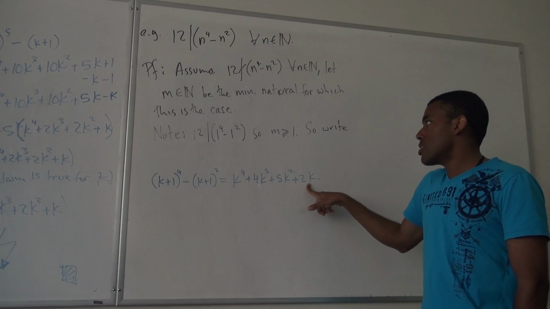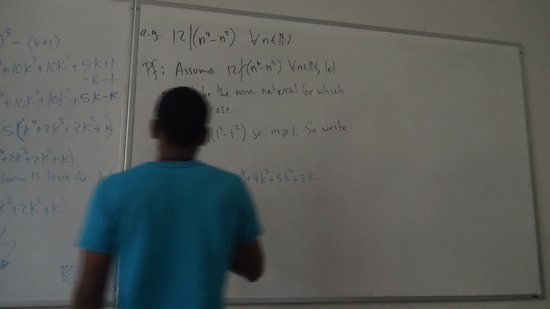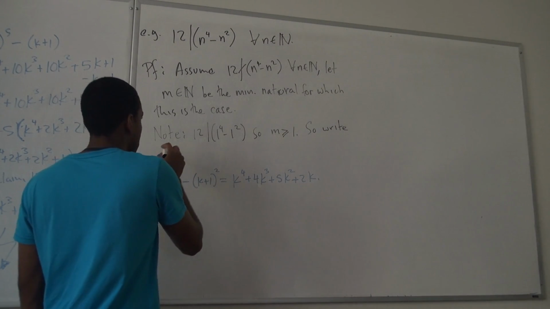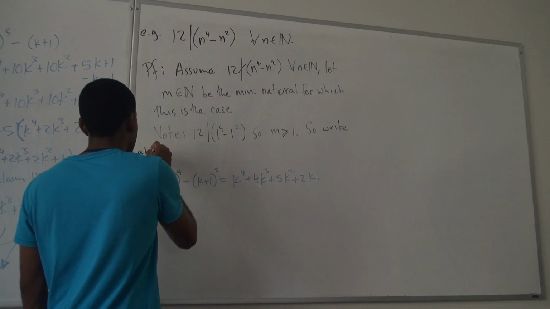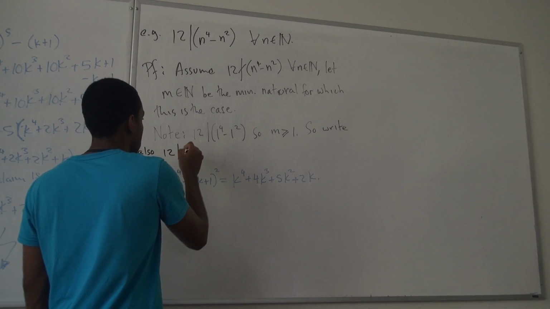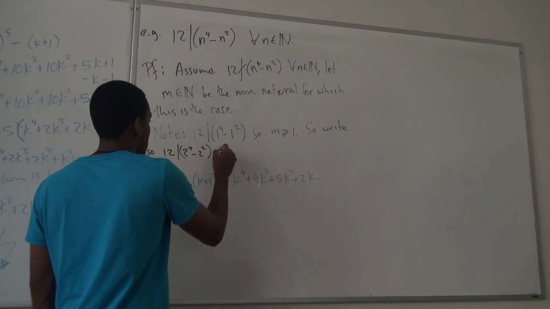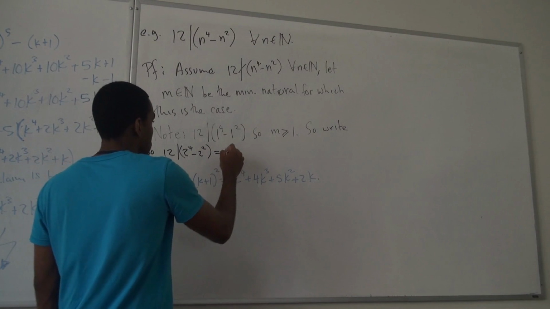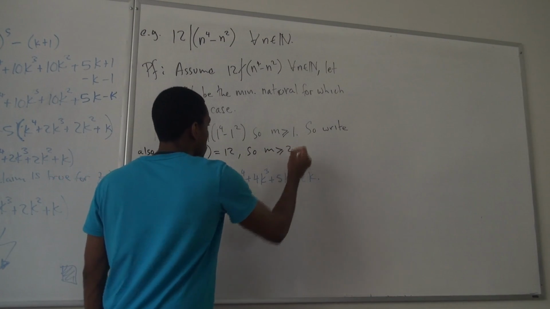So then what you do is, okay, go back. Sure, it works for at least 2, right? So if I put also 12 divides 2 to the 4th minus 2 squared, that's actually 12. So m is at least 2.